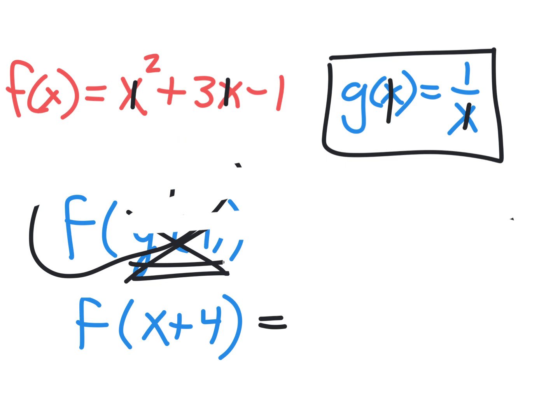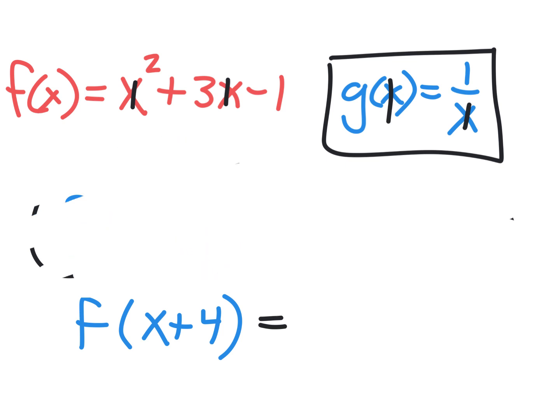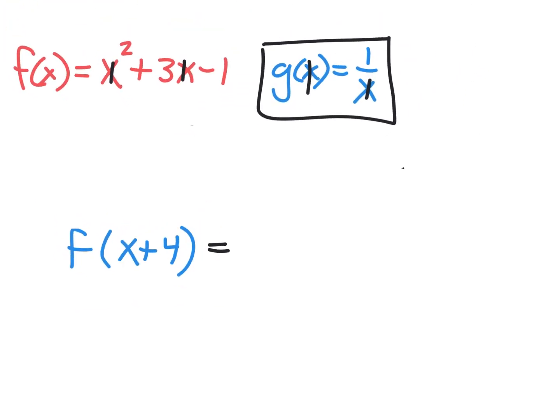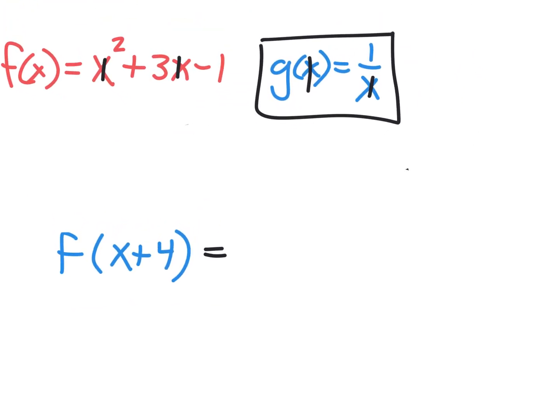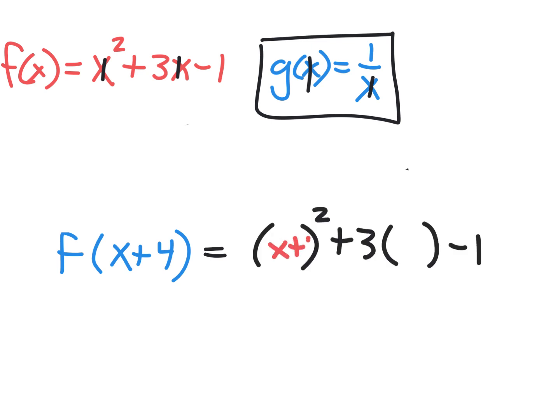f of x plus 4 means you're going to go stick x plus 4 into this function. Into what function? There's 2 of them. Well, it says f, so you can know you're sticking it in the f function. So here's my f function, and I'm going to drop in an x plus 4.